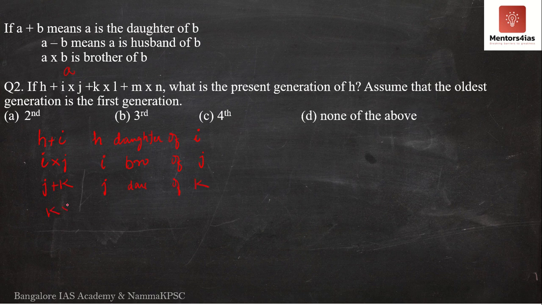We have K cross L. This is nothing but K is the brother of L. Then what do we have? We have L plus M. L plus M means L is nothing but the daughter of M, and finally M cross N, which means M is the brother of N.